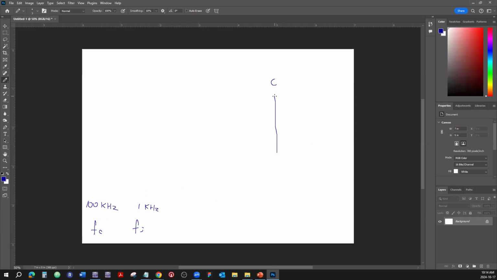So we're going to have that carrier here, which is the 100 kilohertz. I'm not going to put the units because we know this is that one. So there's the carrier. And then we're going to end up with the carrier plus the intelligence frequency. So it's going to be somewhere here, and that's going to be 101 kilohertz.